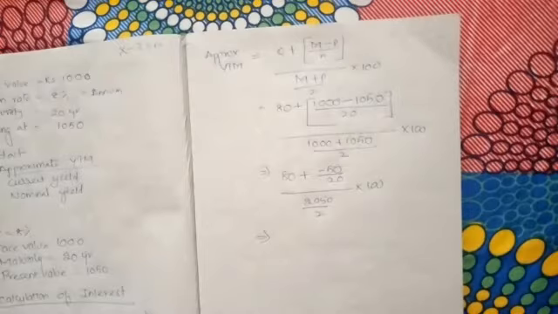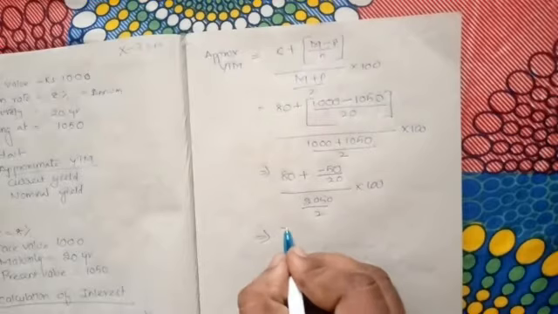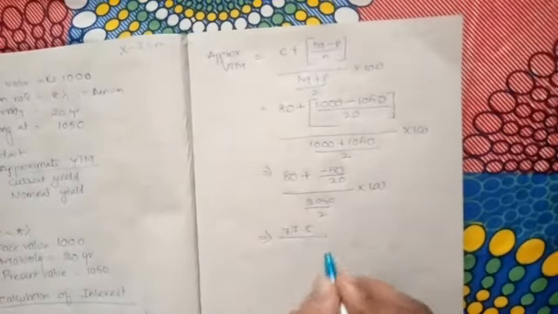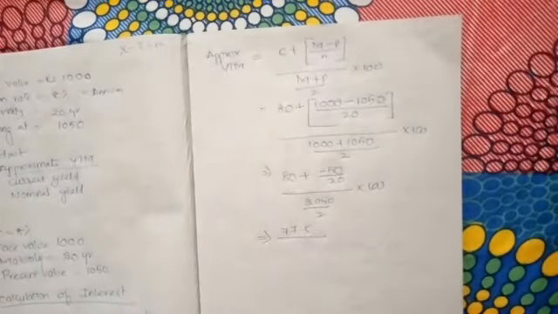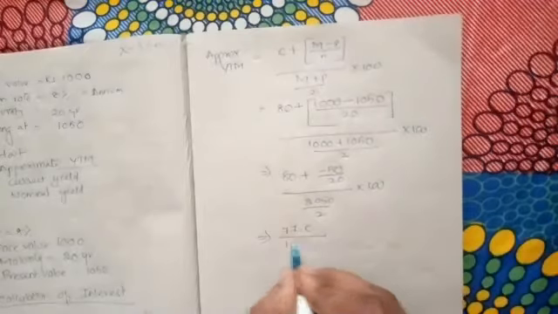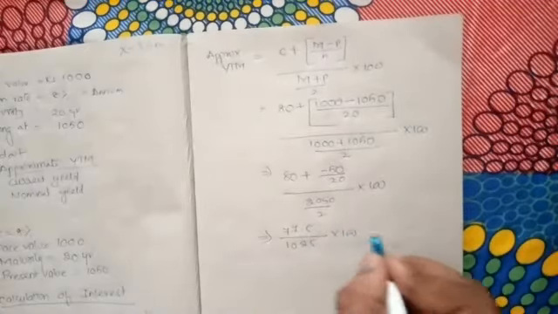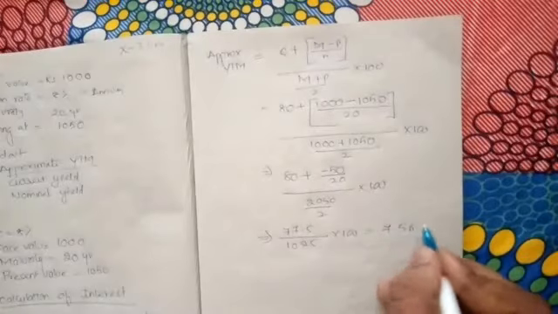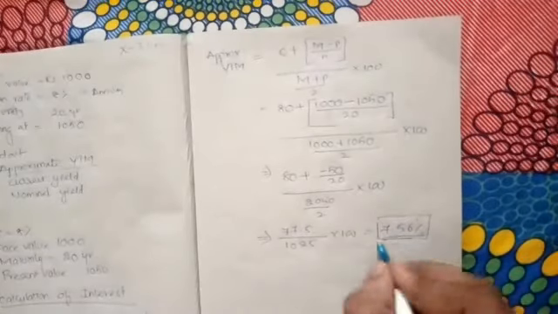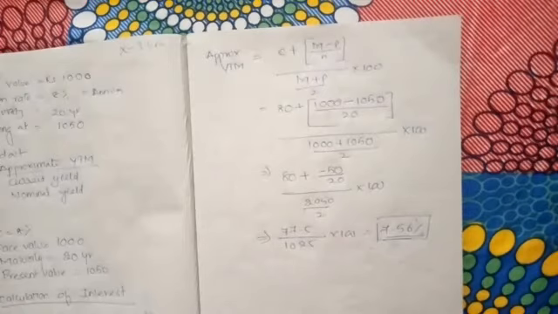Minus 50 divided by 20, that is minus 2.5. 80 minus 2.5 means that is 77.5. And 2050 divided by 2 is 1025. So 77.5 divided by 1025, into 100, is 7.56. This will be called 7.56.